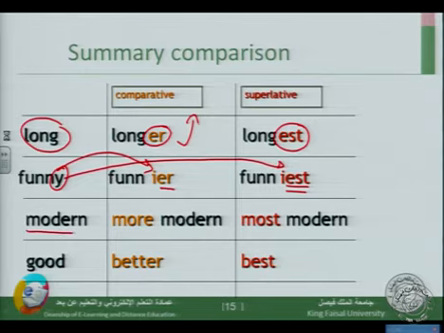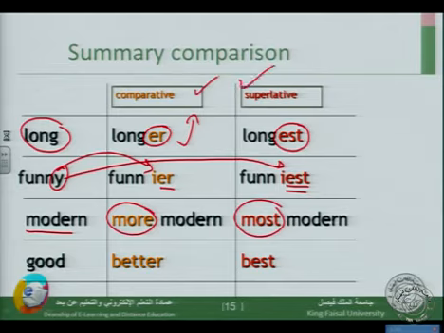Modern has more than 2 syllables. In this case, we use more to make the comparative form of modern, and we said more modern. And we use most to make a superlative form of modern, and it becomes most modern.